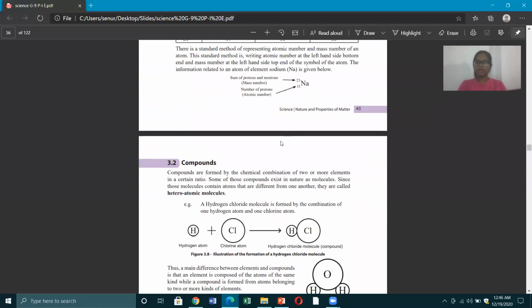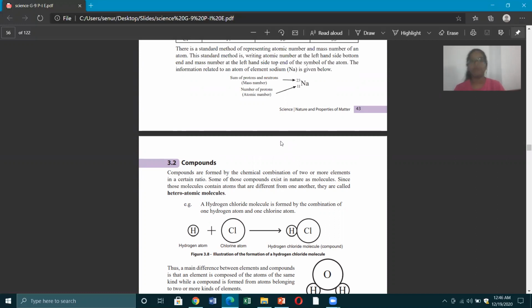So I hope you all can remember what an element is and how to write the mass number and the atomic number. In case you can't remember, you can go and quickly watch the video I did last week.